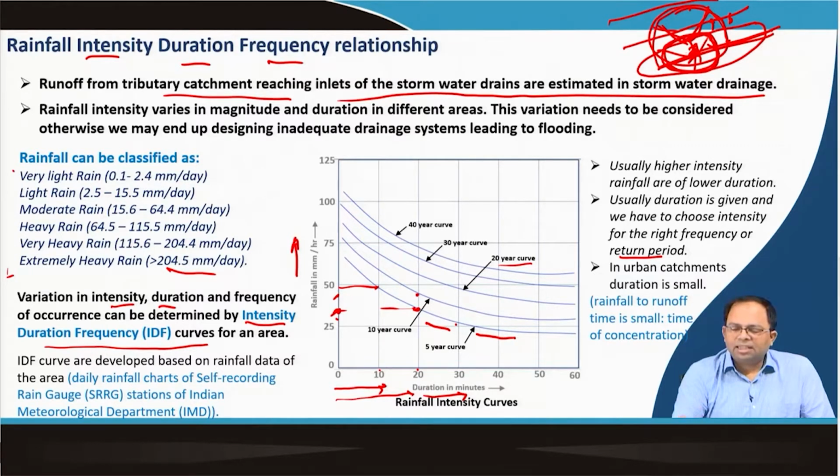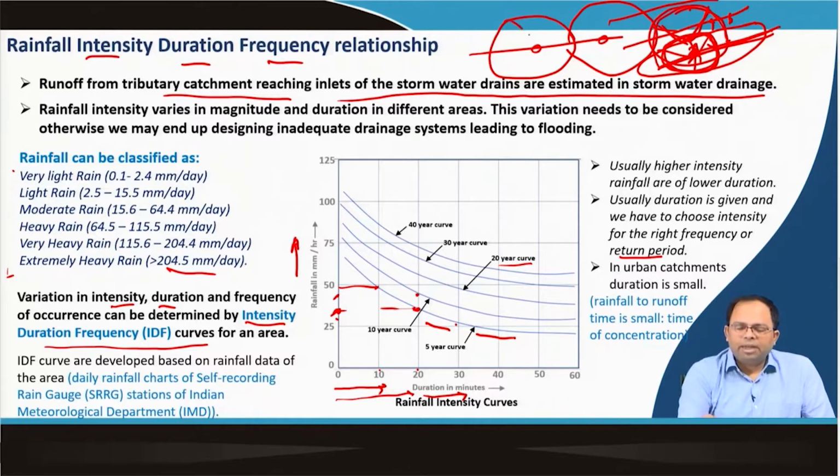If I have a drain and this is the inlet point, this is the second inlet point, the catchment of this inlet is this part, and the catchment of the other inlet is this part.